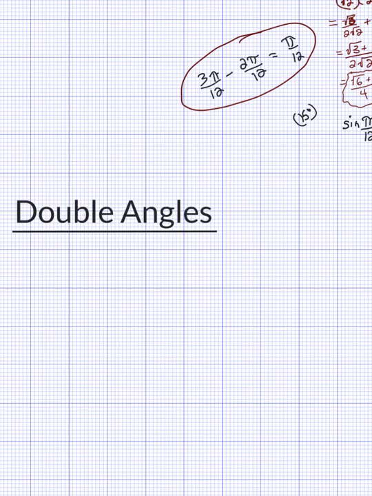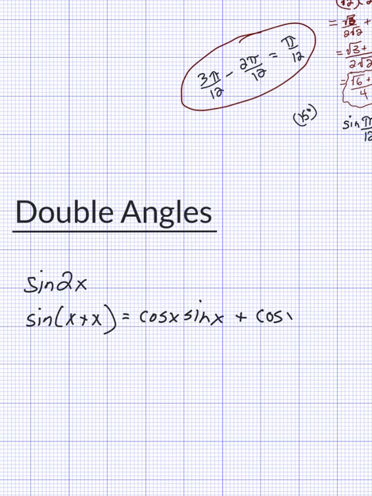Sometimes you're asked about things like double angles, something like sine of 2x. Well, since we know that this is the same as sine of x plus x, shouldn't that just be equal to cos of the first one times sine of the second one plus cos of the second one times sine of the first one?